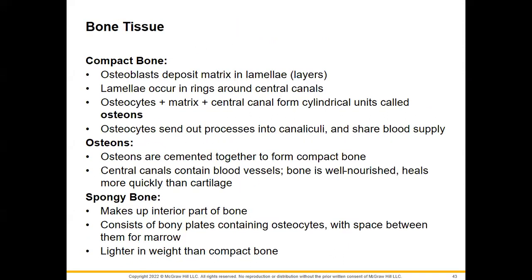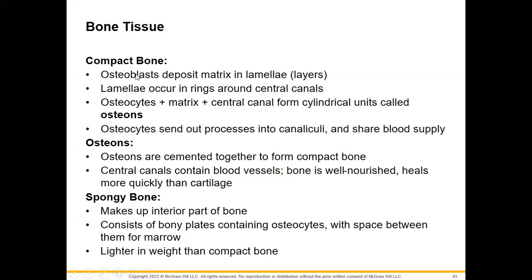So, compact bone. Compact bone is just as the name implies. You have this hard structure where all of the components are densely packed together. They're compact. Osteoblasts, remember, anytime you see blasts at the end of the word, think build. We already said osteo refers to the bones. So these are going to be cells that build bone.